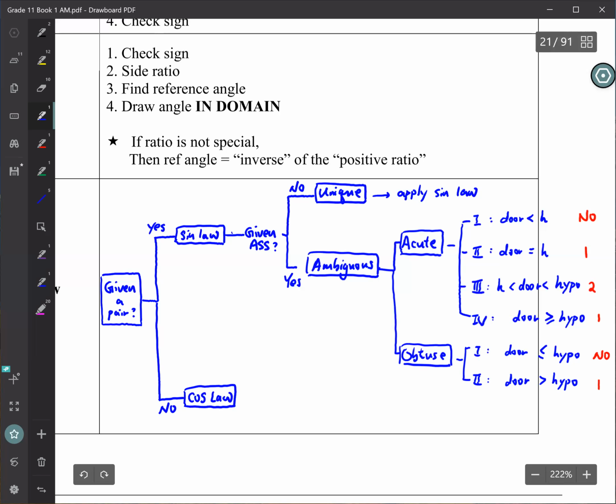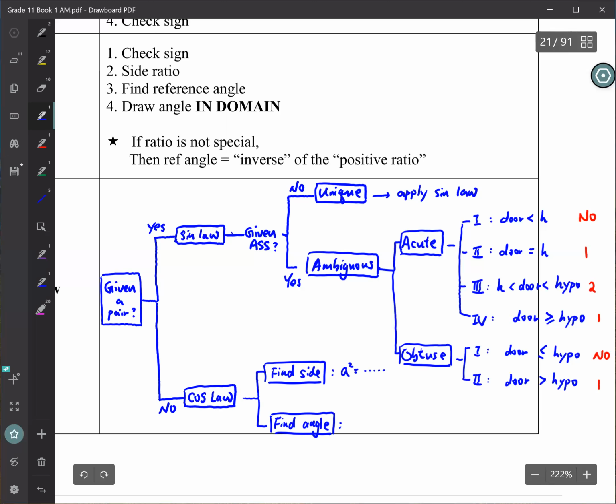Now cosine law doesn't have ambiguous, so you just have two parts. Find the side, or you find the angle. Okay, if you are finding the side, then you use the formula with a squared equals and so on, right?